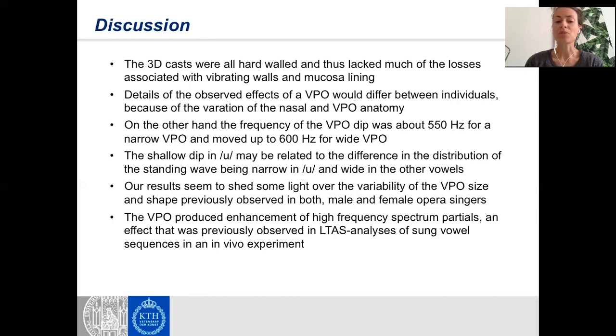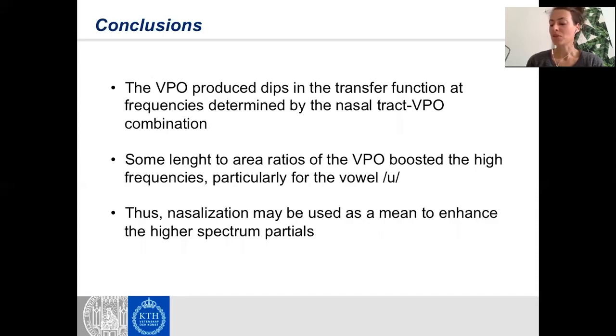It has also been observed in long-term average spectral analysis of sung vowel sequences. So we see some effects in terms of the dip, and also in terms of boosting the high frequencies, and we think that nasalization may be used as a means to enhance the high spectrum partials.